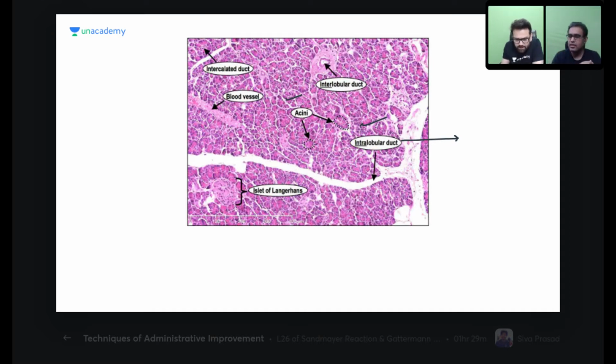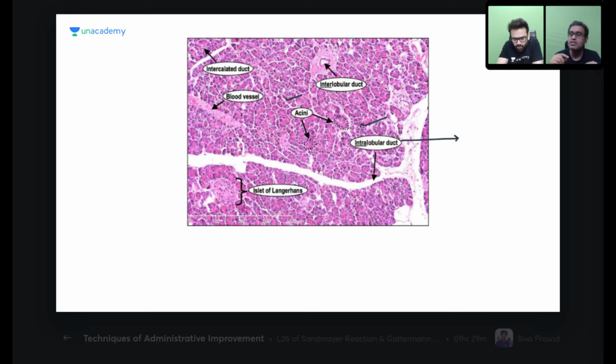Take, for example, parotid. I want to understand how you differentiate intercalated, intralobular, and interlobular. What is the difference between these? The sizes of the ducts are different. Second thing, as the ducts increase in size, they move from simple cuboidal to stratified cuboidal. Last thing, the smaller ducts will have a brush border. They will be more striated.